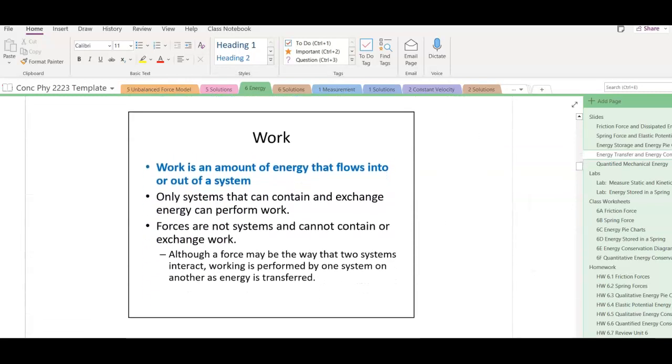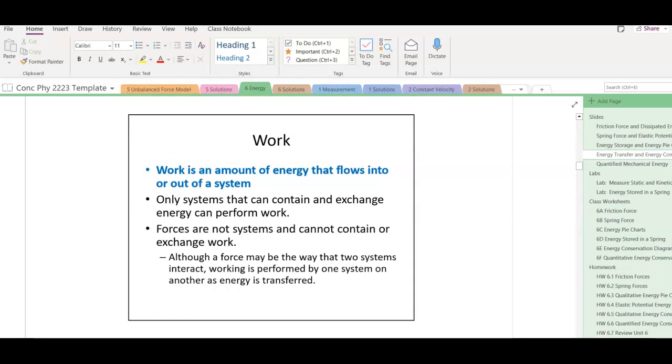So we'll use the word work to refer to an amount of energy that flows into or out of a system. And work is accomplished by one of the systems applying a force to the other system.